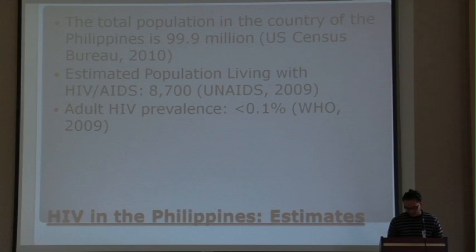So now looking at the numbers in the Philippines, the total population in that country is about 99.9 million, and the estimated population living with HIV/AIDS is about 8,700. So the adult HIV prevalence is less than 0.1, which is quite low.